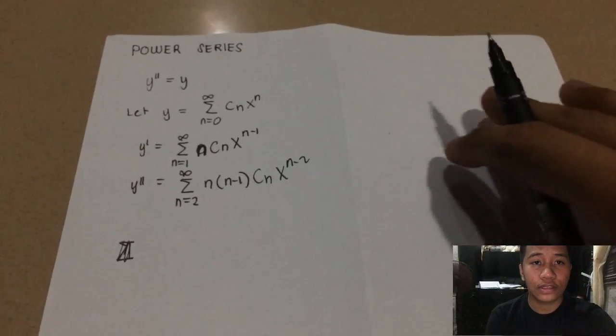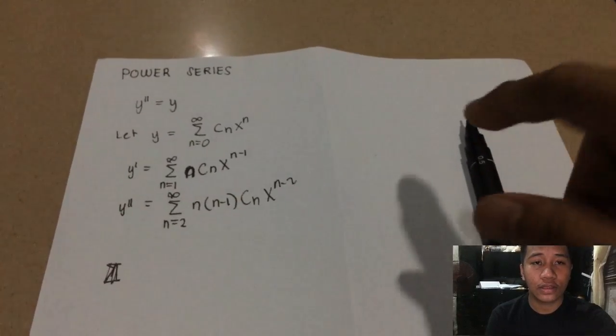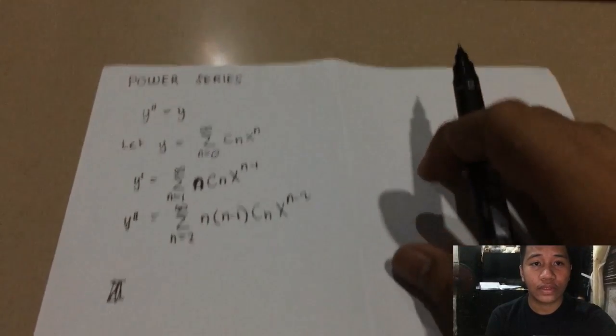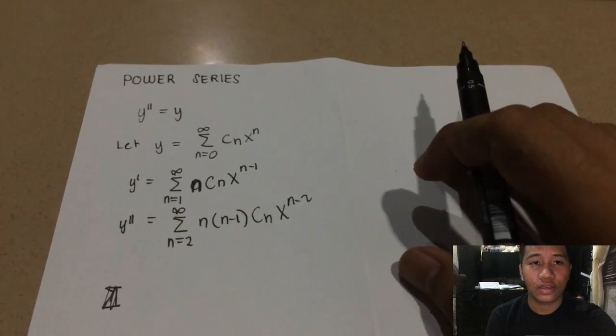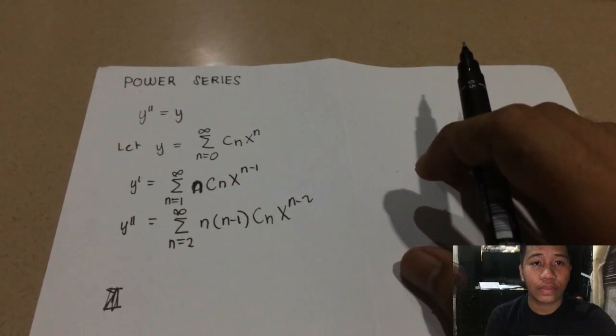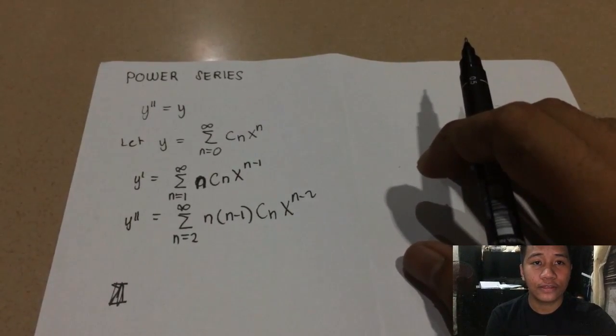So for today we're going to get the power series solution of this differential equation, y double prime is equal to y. So we're going to let y be equal to the summation of c sub n x raised to n, as n goes from 0 to infinity.